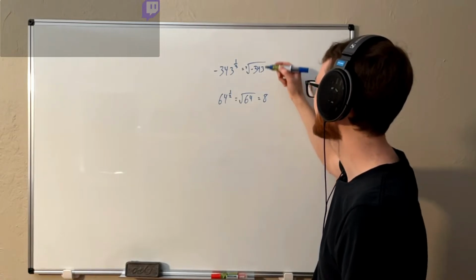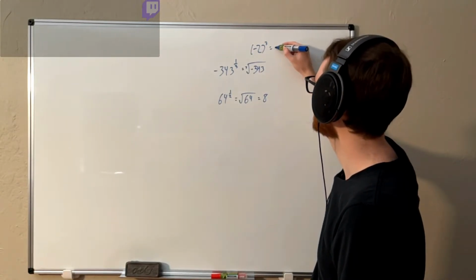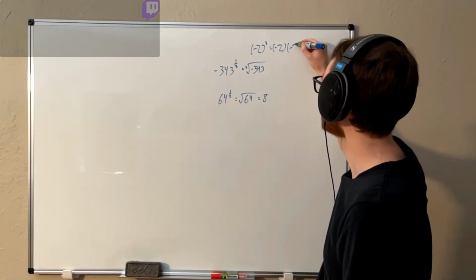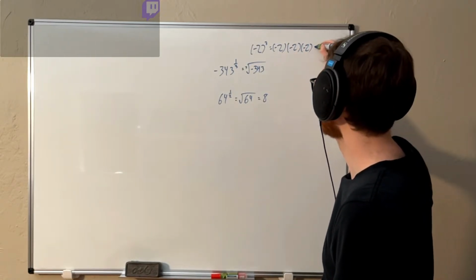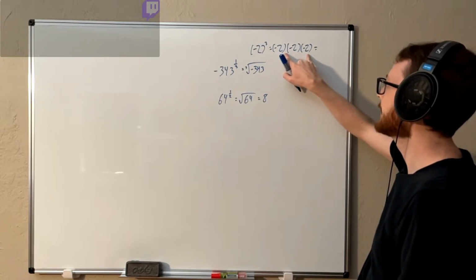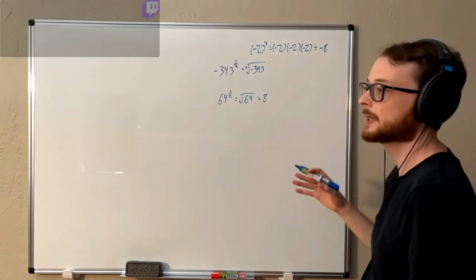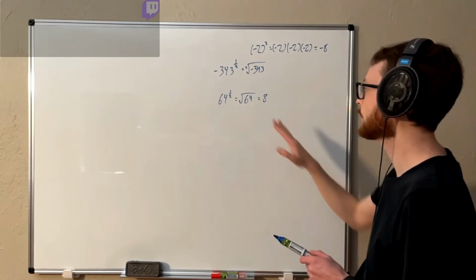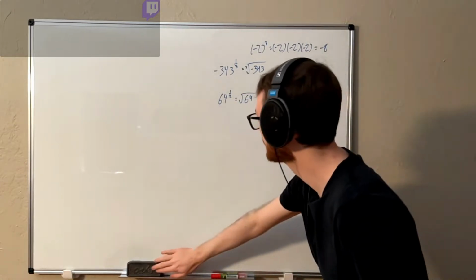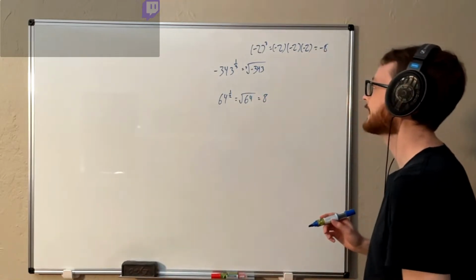If you have, say, negative 2 cubed, you get negative 2 times negative 2 times negative 2. Well, that's positive 4. Positive 4 times negative 2 is negative 8. So when cubes are involved, negatives are perfectly fine. Squares, it's not fine, but just a little digression.